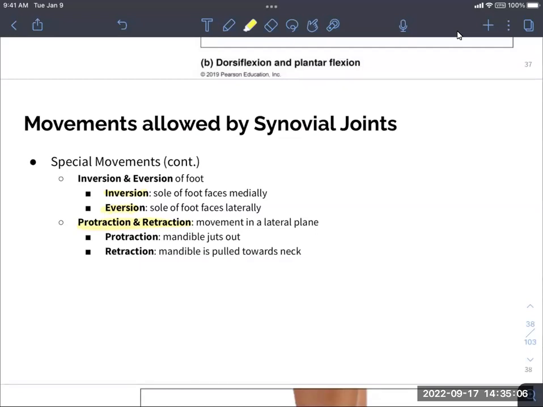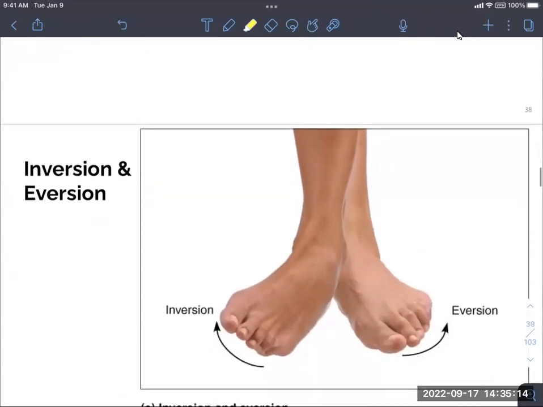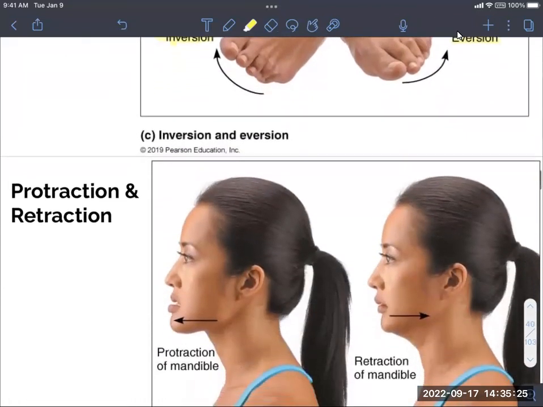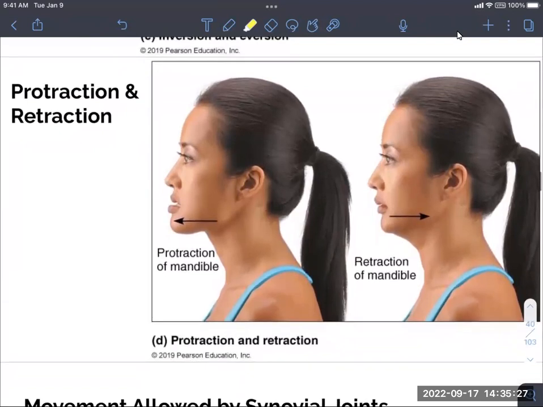That is protraction. Retraction is when you take your mandible and move it back towards your neck. So here is inversion, your foot towards the center. Eversion, your foot goes away. And protraction, her mandible is going out. And retraction, she's pulling it back in.